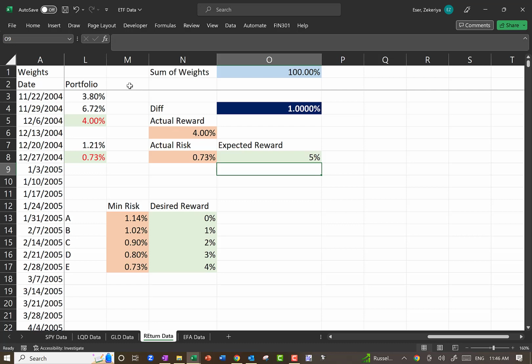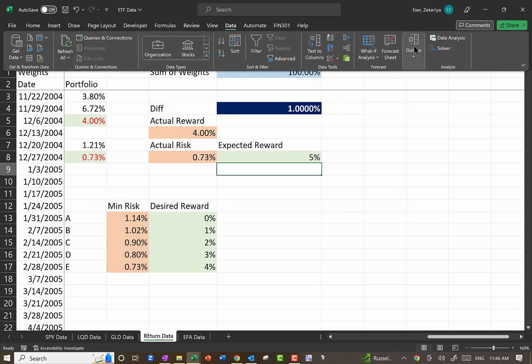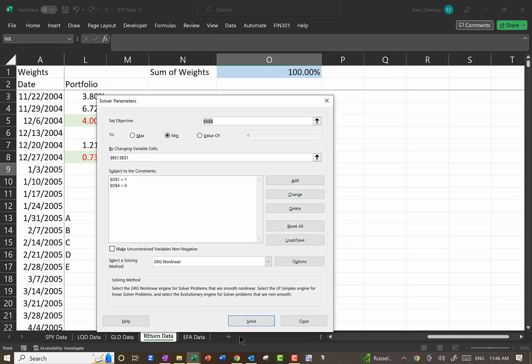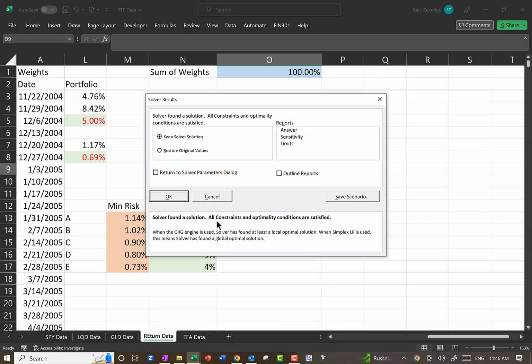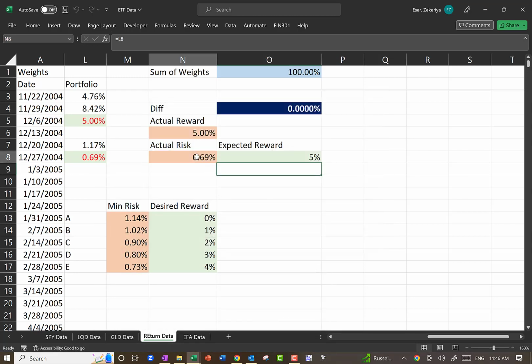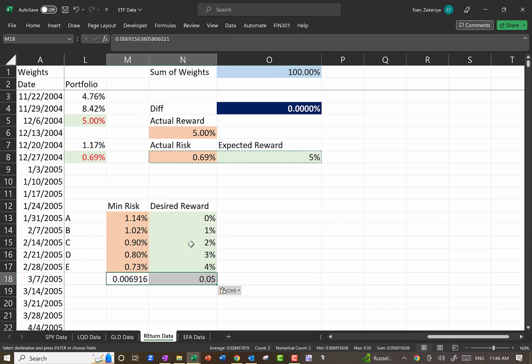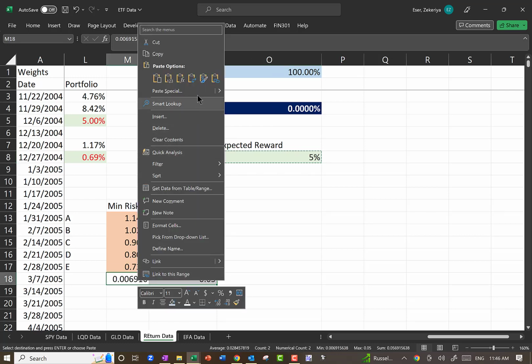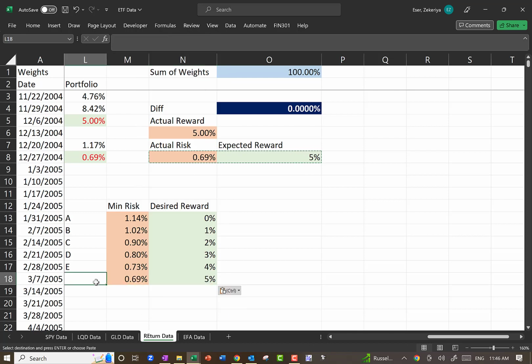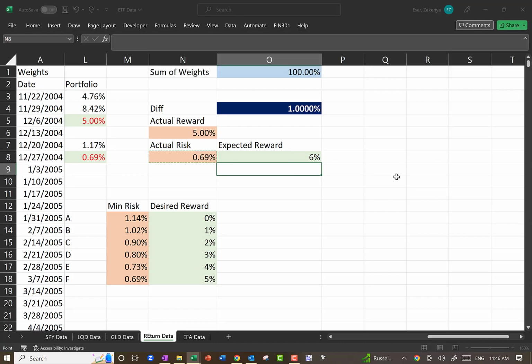Let's do 5. We're still going in the same direction, but I get a feeling that we're close.